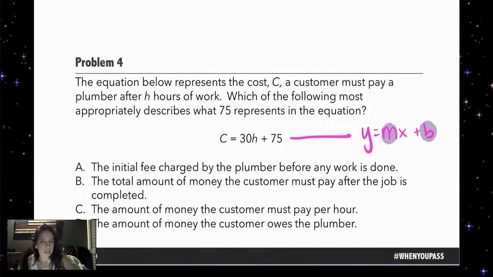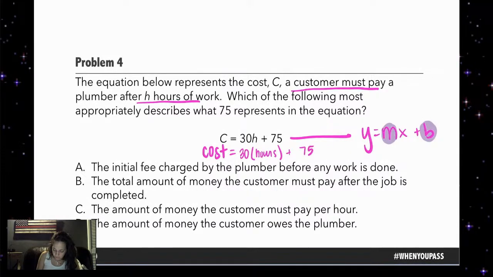This kind of looks like that, right? So the equation represents the cost a customer must pay after H hours of work equals 30 times hours plus 75. Which of the following tells us what 75 represents?